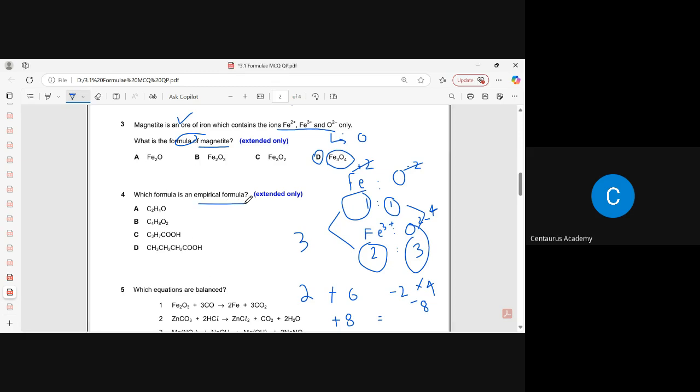Which formula is an empirical formula? What is an empirical formula? Yes, Ryan. An empirical formula is when the ratios of all the atoms in a compound are as simple as possible, the simplest whole number ratio.